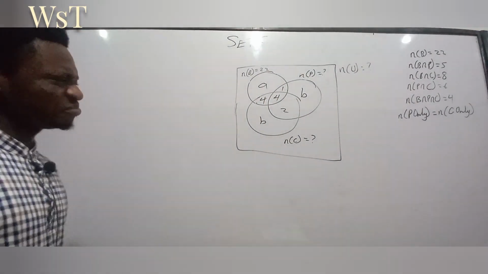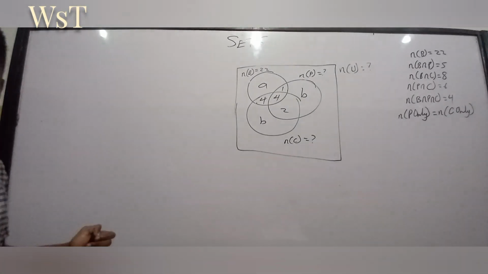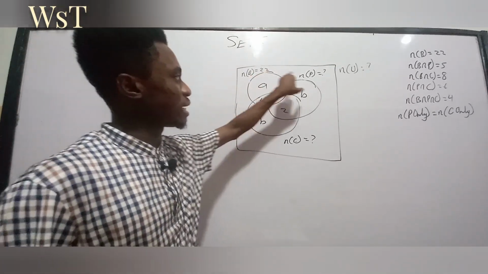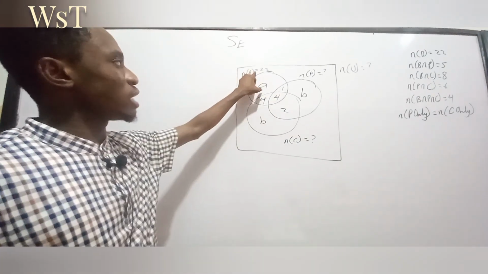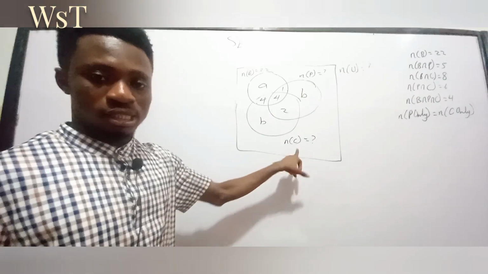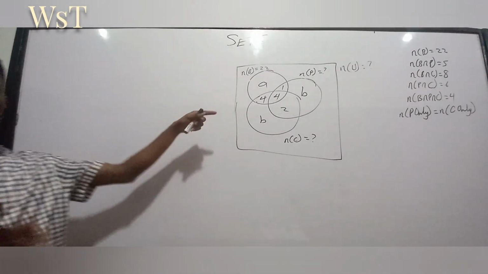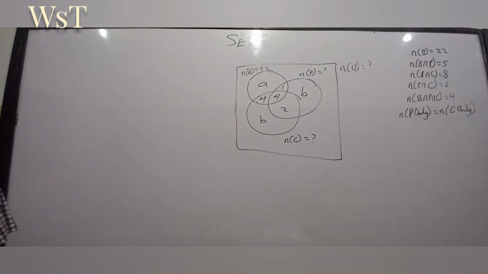But I told you that if you are finding the universal, first of all, you should check whether they gave you the numbers here. But with this question, they gave only biology, but they didn't give physics and chemistry. So you can't use the formula I taught you. After solving this question, I'll use the formula and you see that we are right. But now we can't use it.